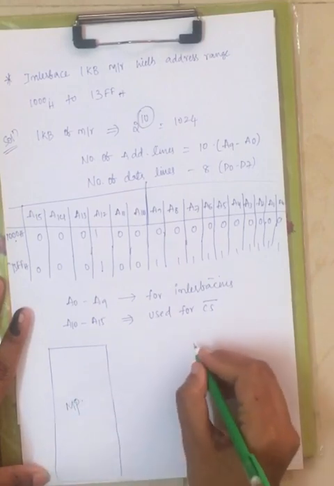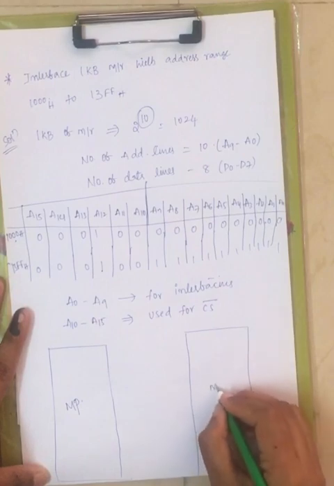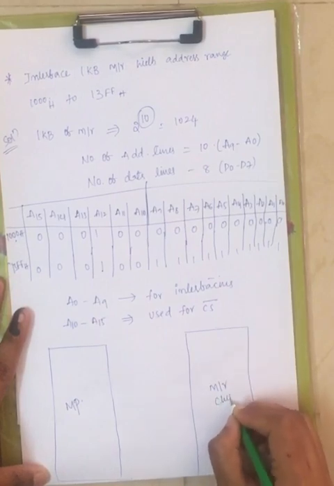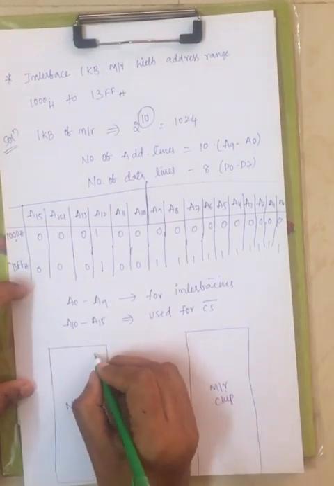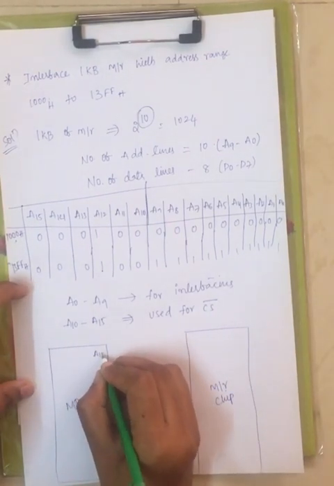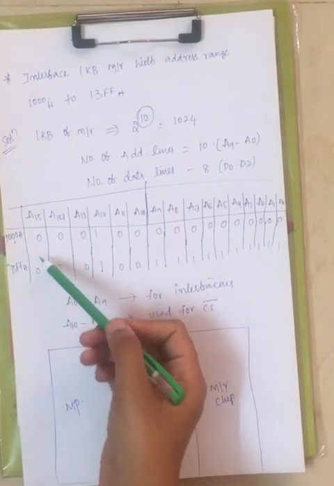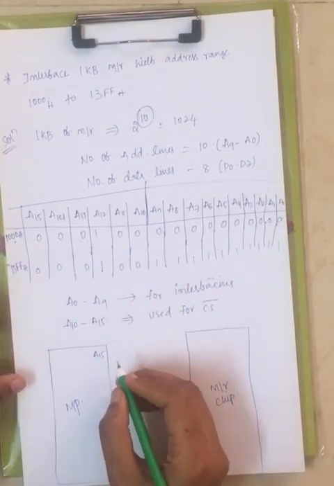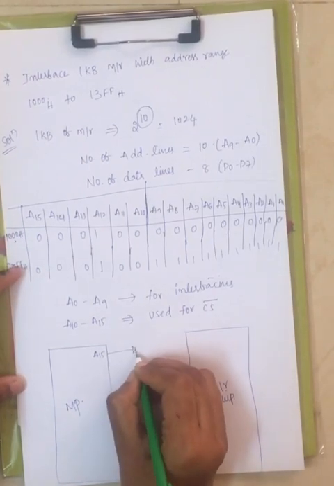Now this is the microprocessor and this is the memory chip. Now you have A15, which is logic 0. This is inverted.